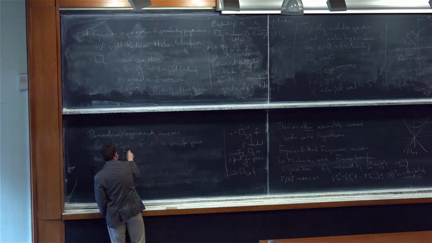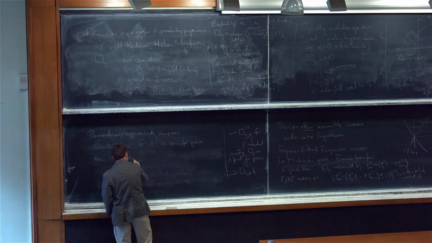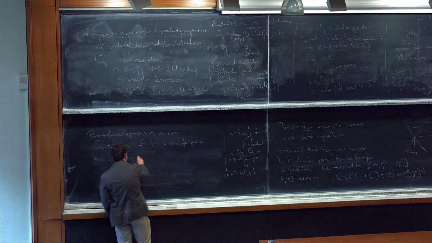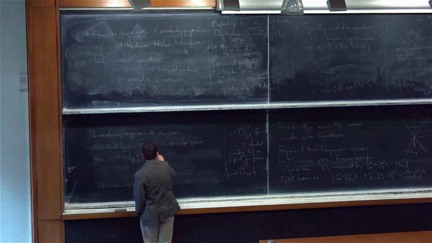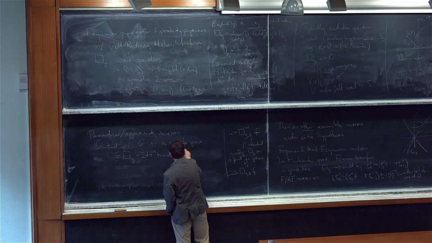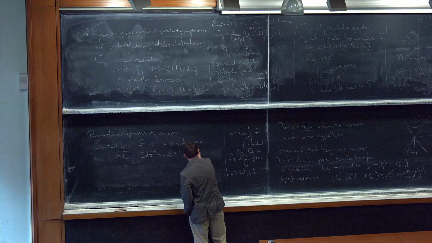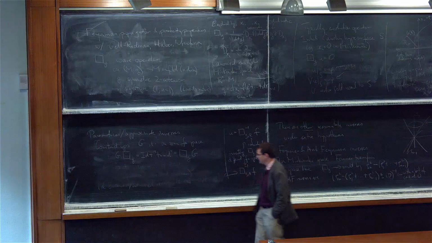Maybe you're interested in different operators, but right now let's just talk about the wave operator. G composed with the wave operator is the identity plus something trivial, and also the same way the other way around. This way the trivial might be a different trivial. And so you get to decide what trivial means.